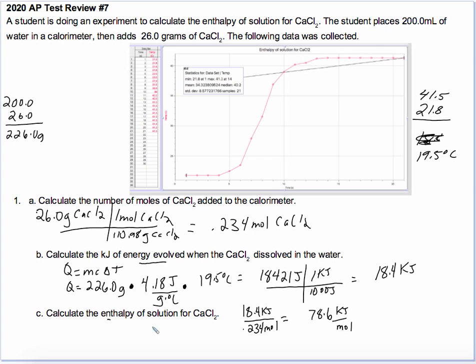Now, here's an important part, and the important part is use your brain here. Okay, when you get an enthalpy of solution, that's a delta H value, and delta H values always have to have a sign with them, or I guess if there isn't a sign, we assume it's positive, but you always got to put a sign with it. Now, just use your brain. When you added the chemical to the water, did the energy go in or out of the system, the water and stuff dissolving?